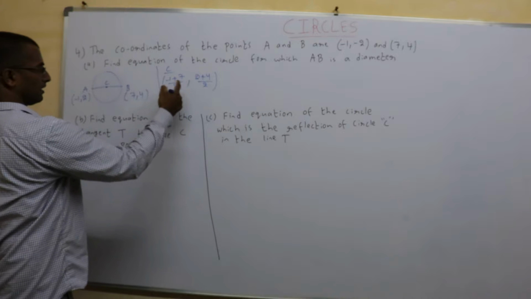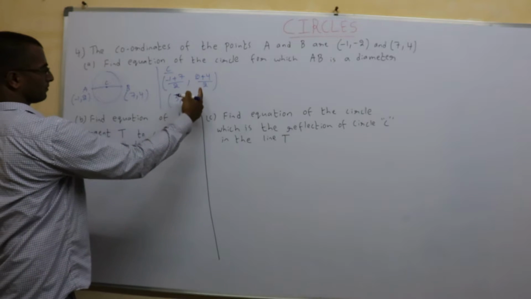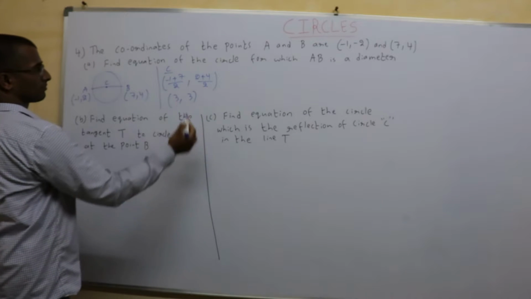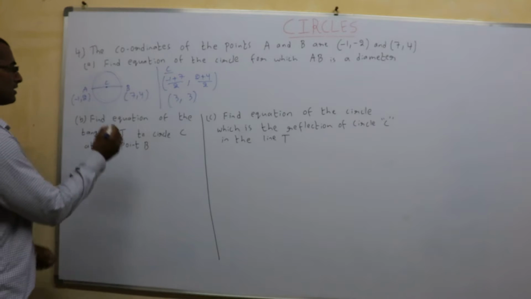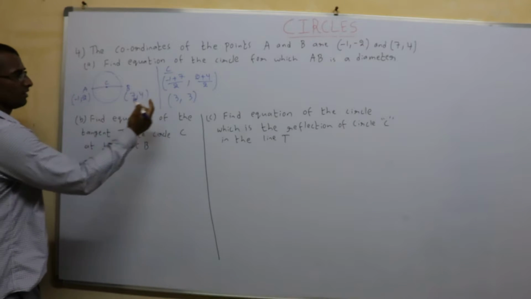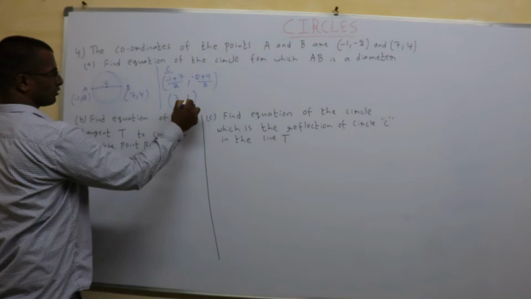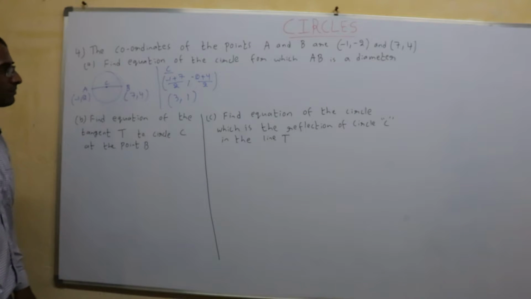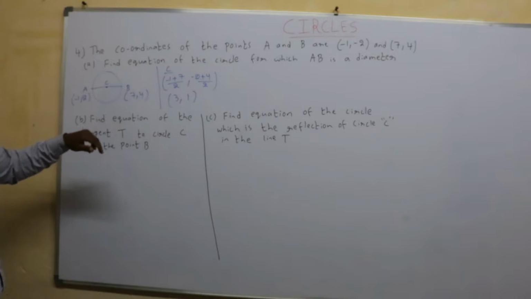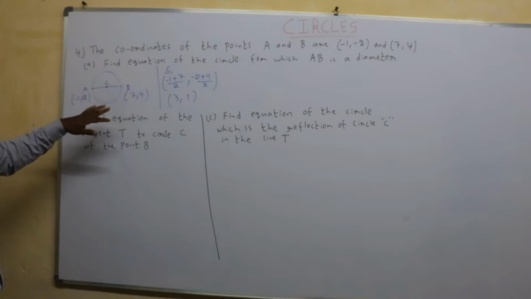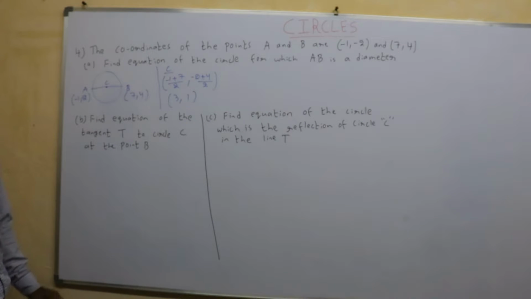So 6 by 2 is 3. Minus 2, oh I missed minus 2 here. So it's minus 2 plus 4, which is plus 2, by 2 is 1. The center is (3, 1).